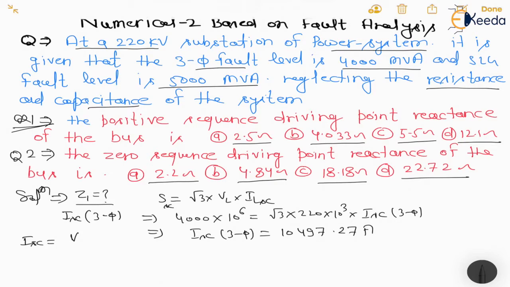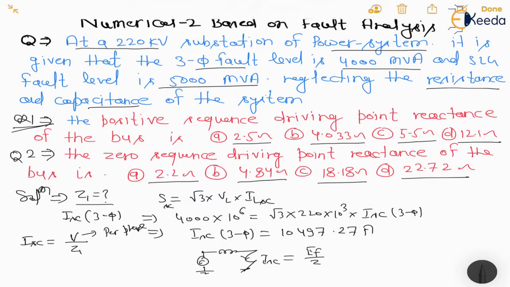We know the formula: ISC will be equal to voltage upon Z1, and this will be per phase. Always remember, when a fault occurs with a voltage source and an impedance in the short circuit, ISC is directly EF upon Z. Here EF has not been given, the voltage has been given.